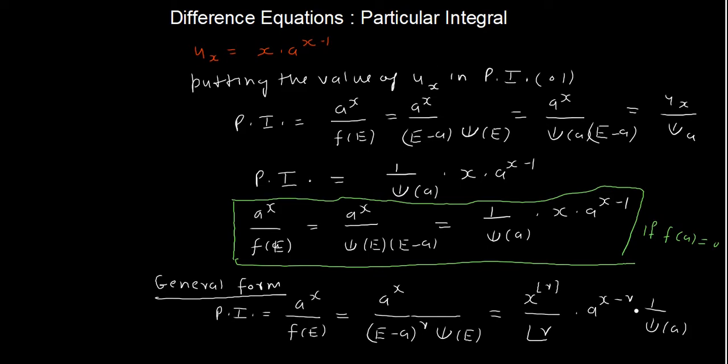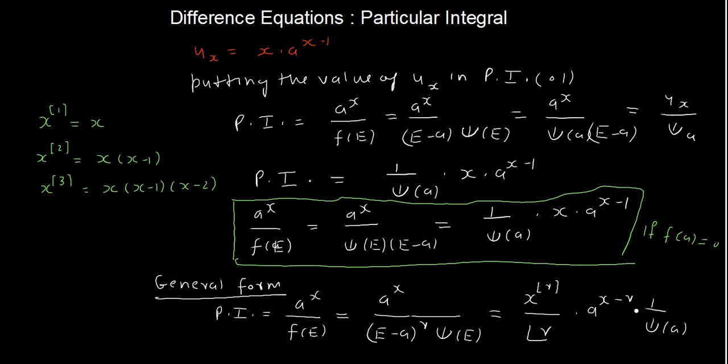Here we write x^(r) as factorial notation. x^(1) equals x. x^(2) becomes x into x minus 1. Similarly x^(3) equals x into x minus 1 into x minus 2.